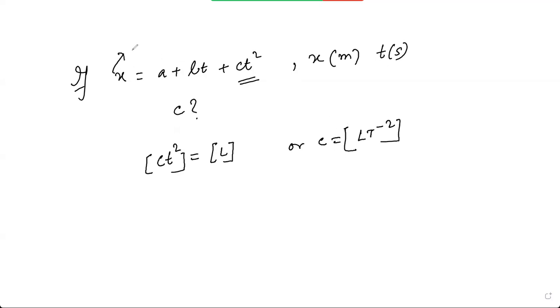Because x has dimension of L, from homogeneity of dimensions, only same quantities can be added. So ct square equals L, or c equals L T to the power minus 2. So the unit of c will be meter per second square.